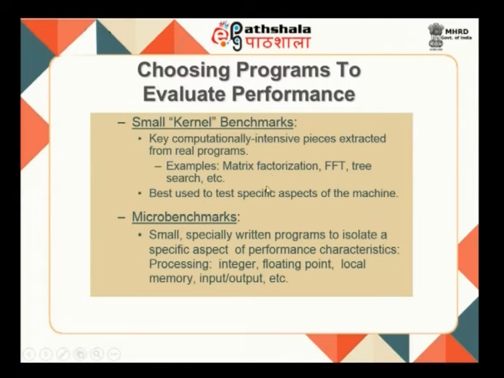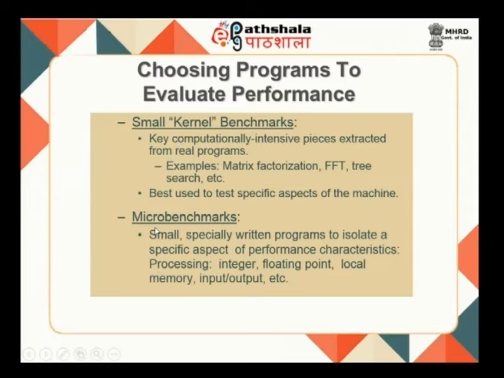The third category of programs is small kernel benchmarks. Here you look at key computationally intensive pieces extracted from real programs. For example, you can look at matrix factorization, FFT code, tree search, etc. And this is best used to test specific aspects of the machine.